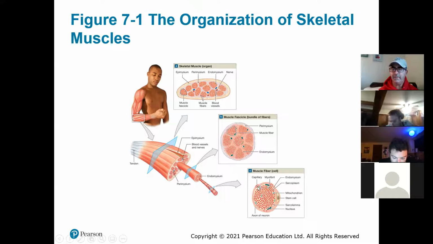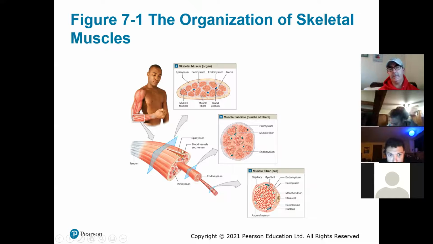You can see a capillary, blood vessels going to it. There is something called the sarcolemma surrounding it, which we'll talk about. There are multiple nuclei, a dark blue one here and a dark blue one at the bottom. This is a muscle cell, or muscle fiber.